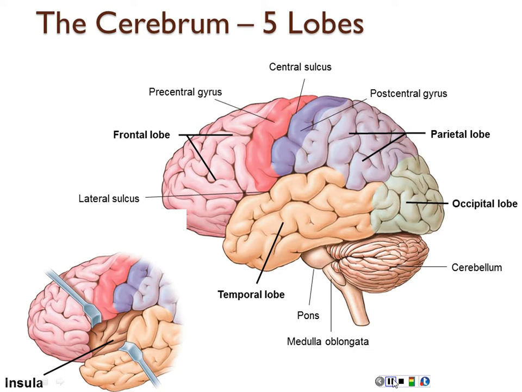Okay. The postcentral gyrus, on the other hand, is referred to as the primary somatic sensory cortex. The primary somatic sensory cortex. So this is the main sensory part of the brain.